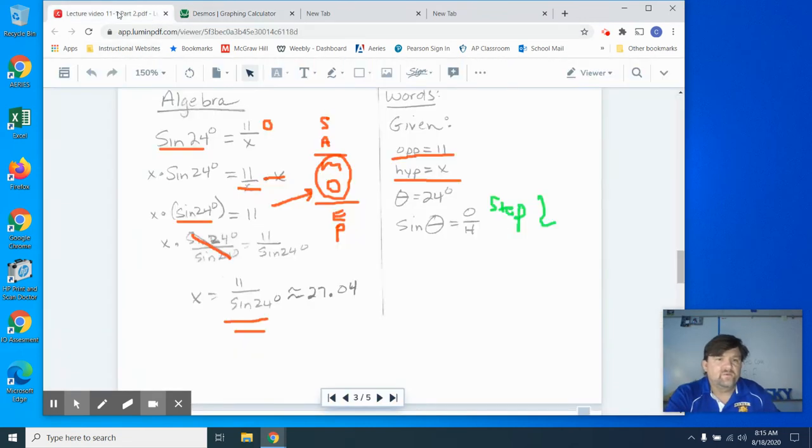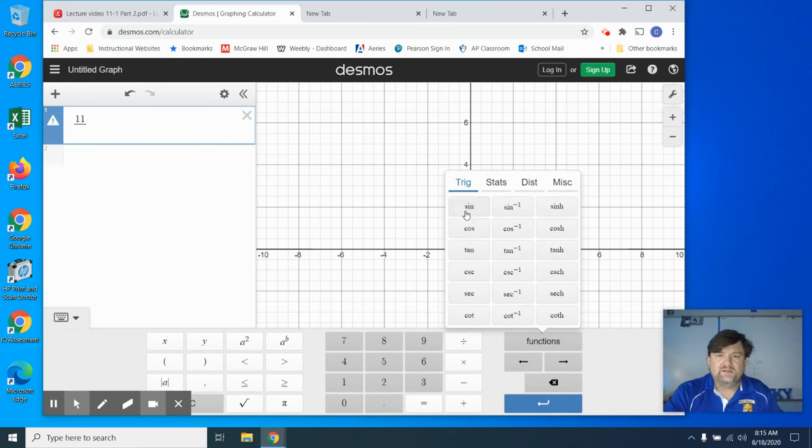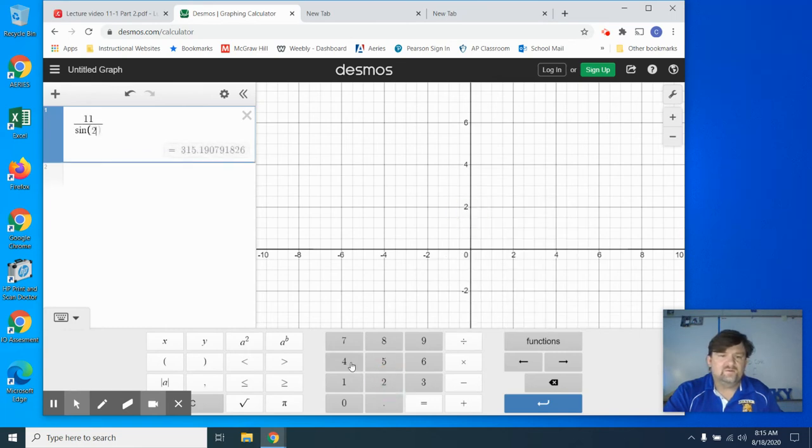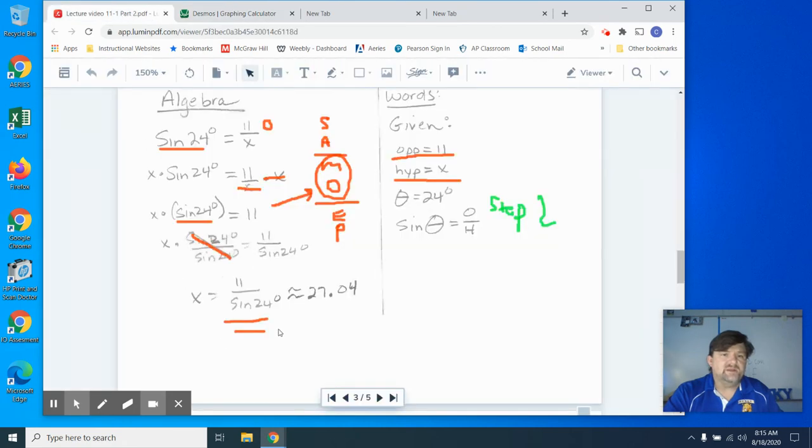So I go 11 divided by the function sine of 24, and that gives me approximately 27.04 right here. So my answer is approximately 27.04.